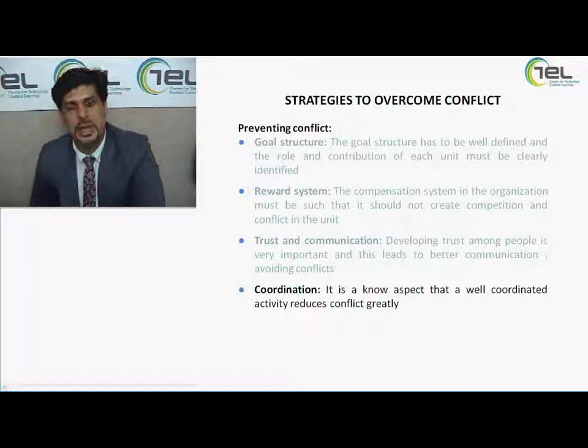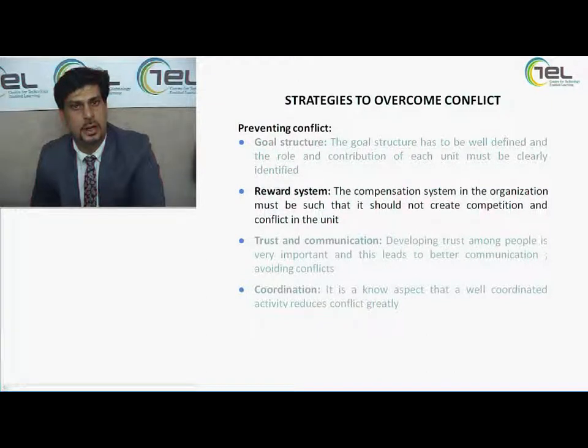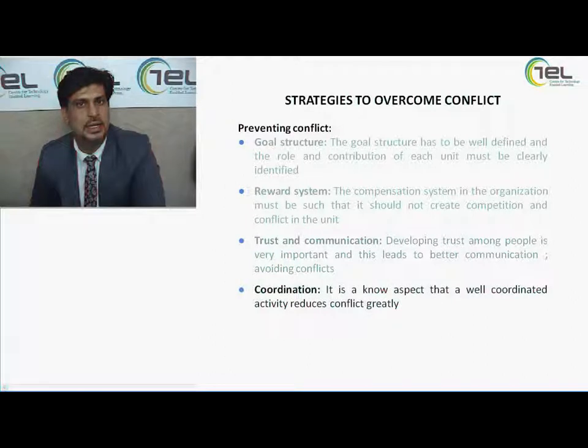The coordination amongst people, groups, and different operations makes a big difference when it comes to controlling conflicts. So we've seen the first strategy to overcome conflicts in the organization is preventing conflicts, which can be done by structuring the goals, putting in a proper reward system, building trust and communication, and ensuring proper coordination.